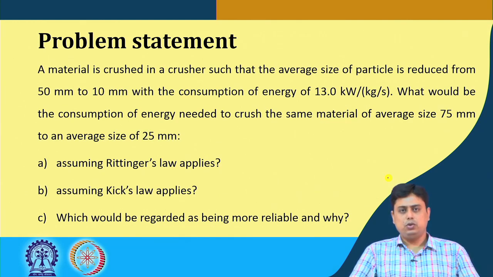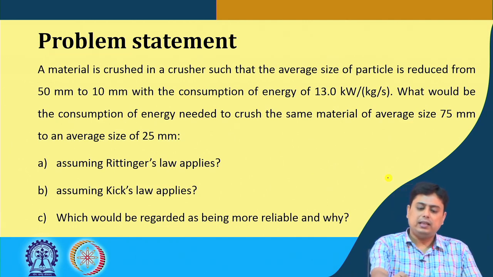That means 13 kilojoule per kg. What would be the energy needed to crush the same material of average size 75 millimeter to an average size of 25 millimeter, assuming Rittinger's law applies, and assuming Kick's law applies?